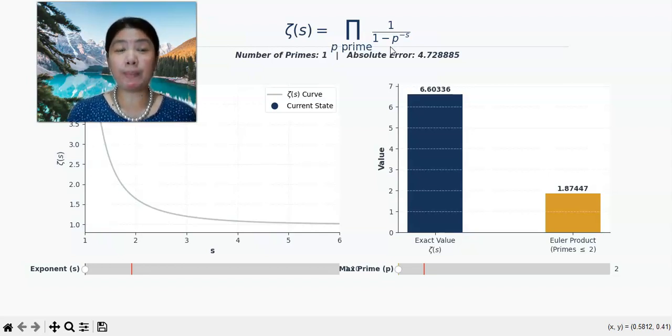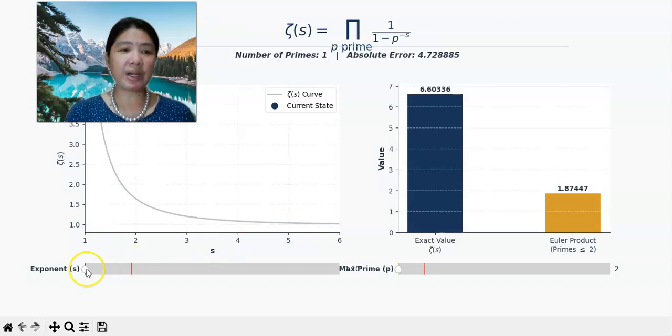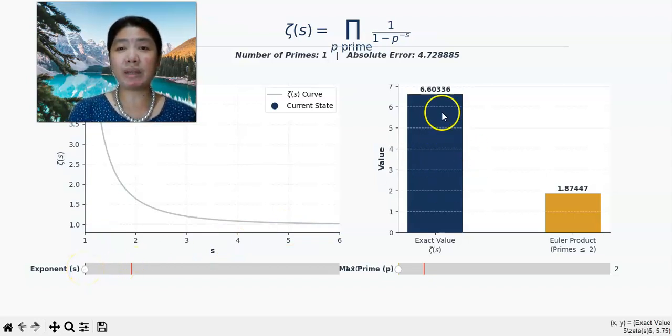We're not summing up the values of this function as we substitute values of p and s, but we are multiplying. So this is the Riemann zeta function curve. We start at s greater than 1 and very close to 1, so the exact value is very big here, and the Euler product is very far from the exact value.